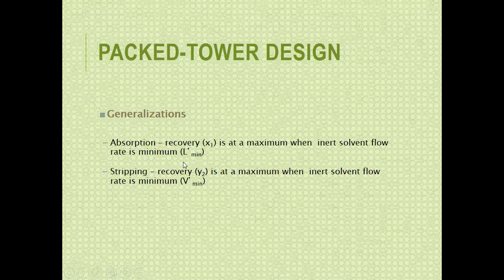What does this mean? We base our maximum recovery for our gas absorption process on the minimum solvent requirement that will achieve such maximum recovery. Actually, it's the same thing with stripping. We base the maximum recovery of our solvent gas based on its minimum requirements.